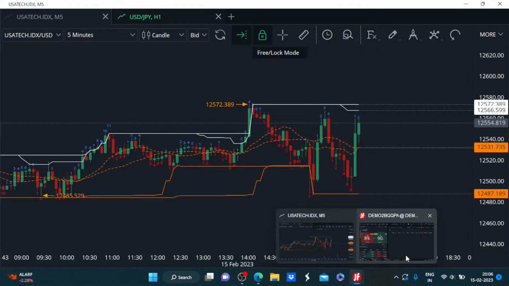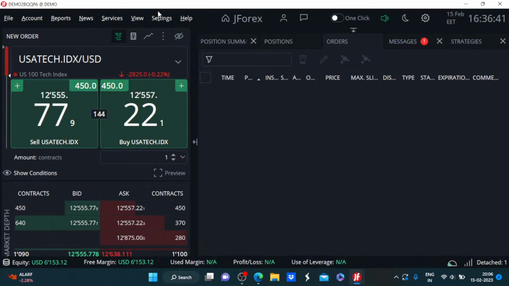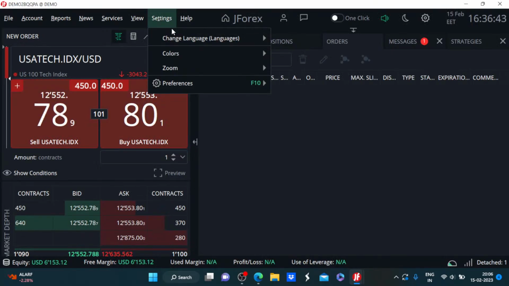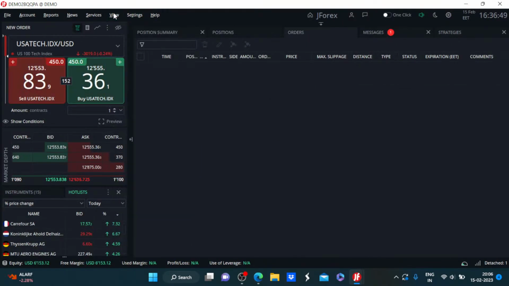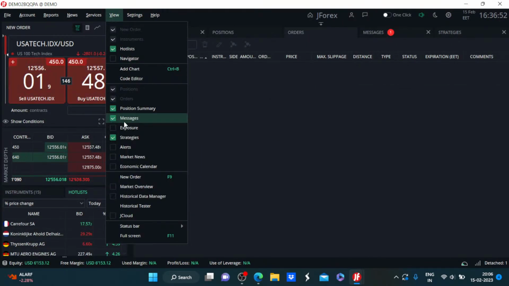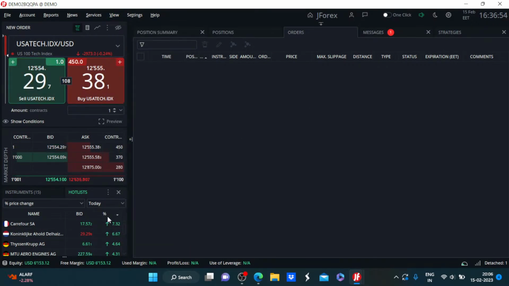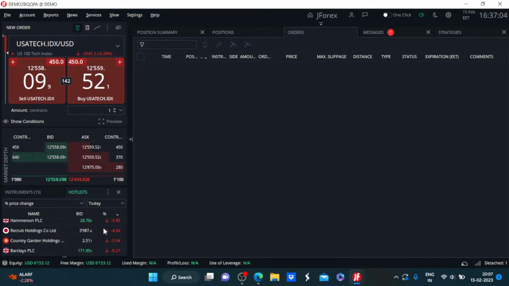And recently, a cool new feature was added on the platform. Let me zoom out. Here from this view, you can enable a hot list of stocks. So whichever stock is buzzing, whether it is rising or declining, will be shortlisted as per your criterion. If you go for today, then today's most happening stocks will be shortlisted.